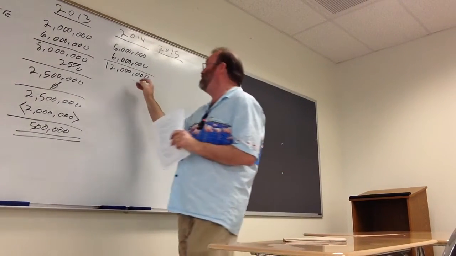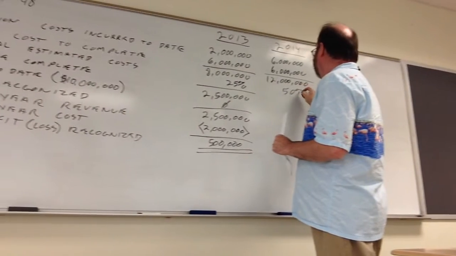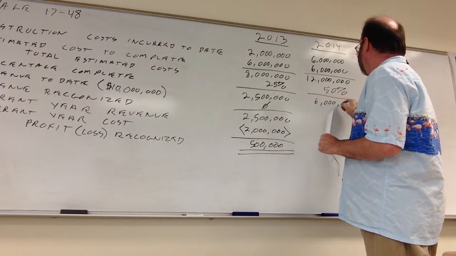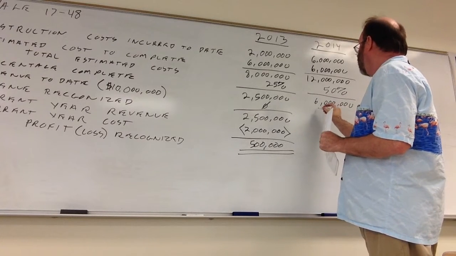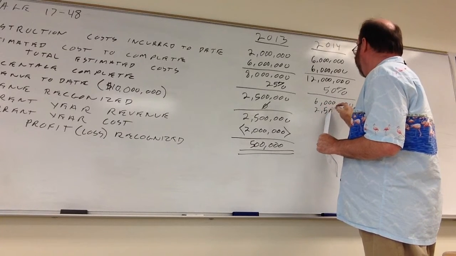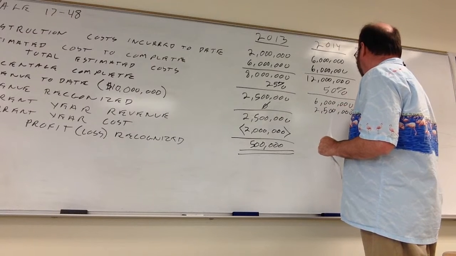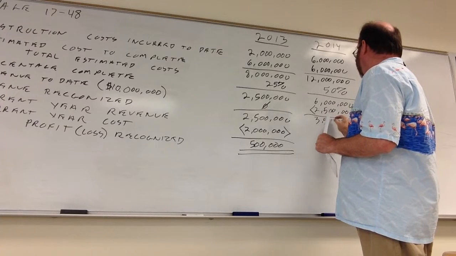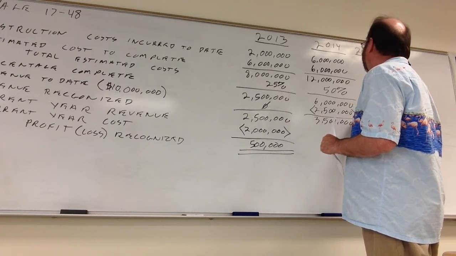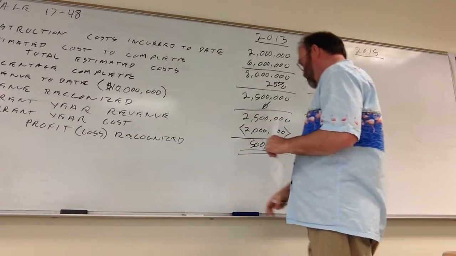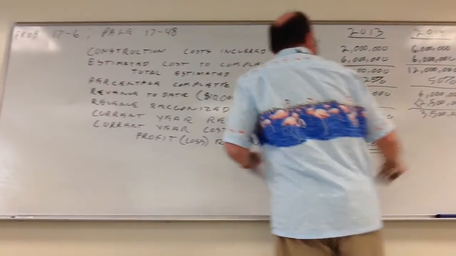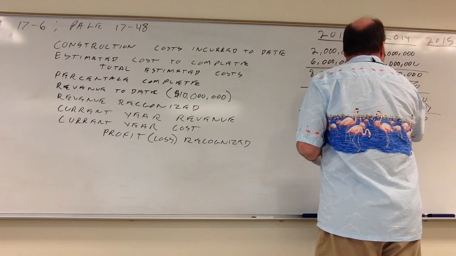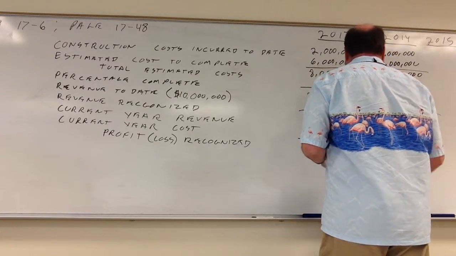We're now 50% finished. That's $6 million. We've taken already 2.5, leaving us with $3,500,000. I'm sorry, thank you. Well, that would have been nice. $5 million, leaving us $2,500,000.